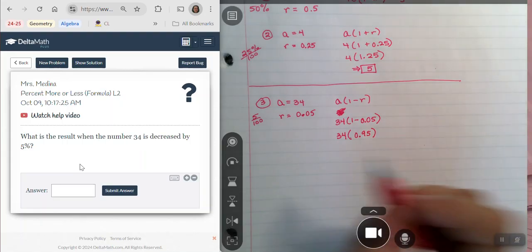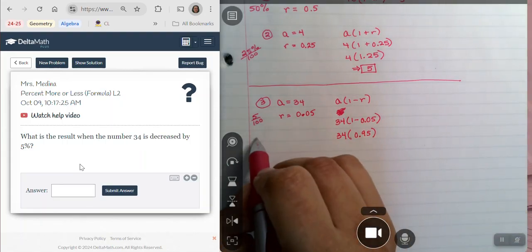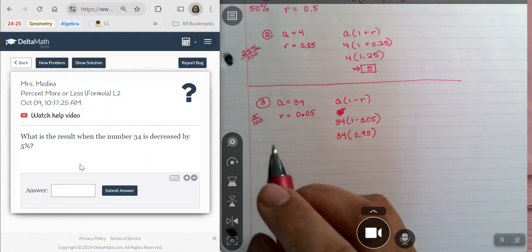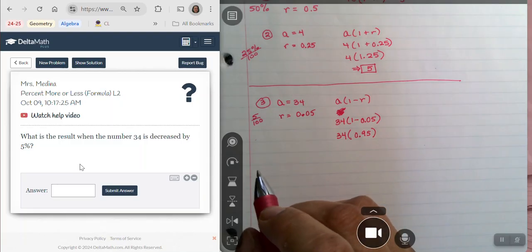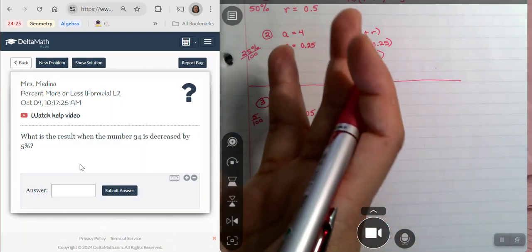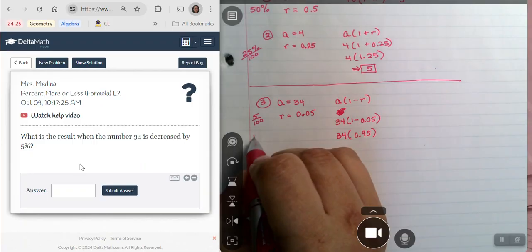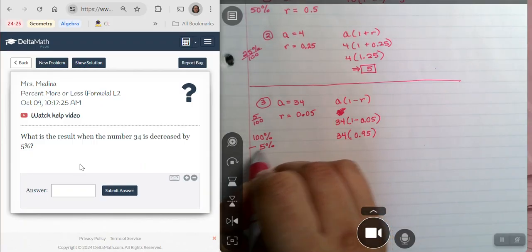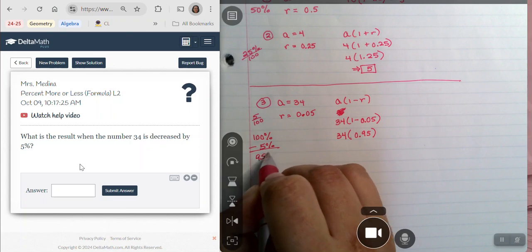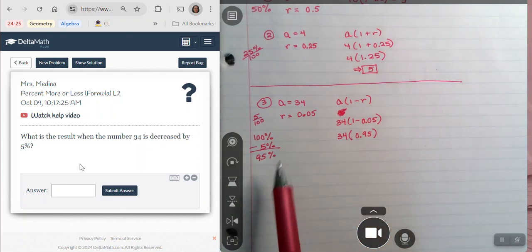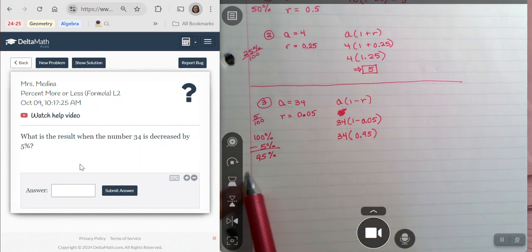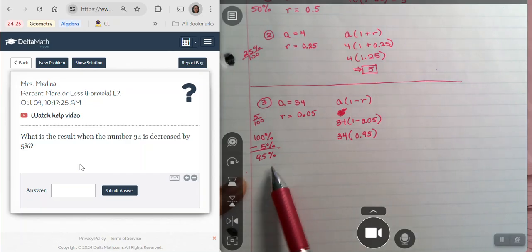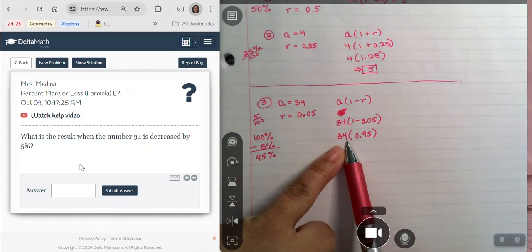Another way to think about it is you're decreasing by 5%, right? You're decreasing from 100% of the number. So what's 100% minus 5%? So if you're decreasing by 5%, you're keeping 95%. Clear? So we want to know what 95% of that number is.